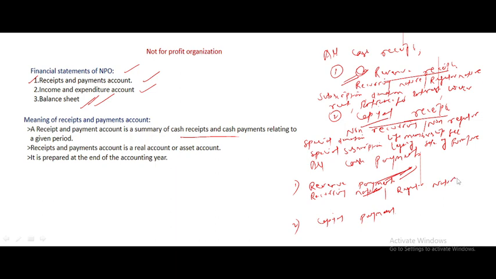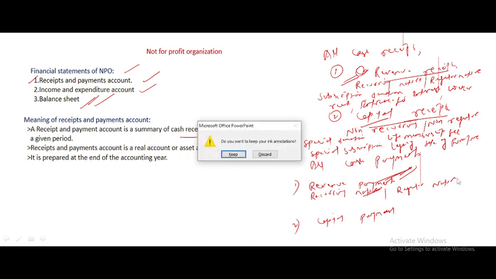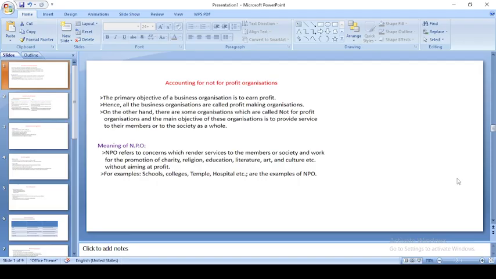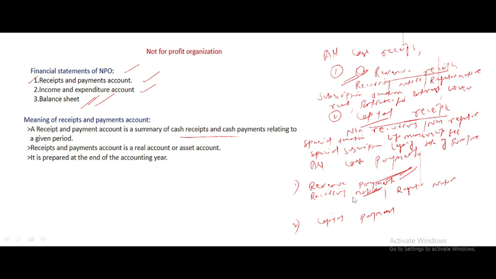One second, students. So revenue payments means those payments which are in recurring or regular nature. For example, salary, wages, rent, printing, stationery, repair, etc. These are revenue payments.